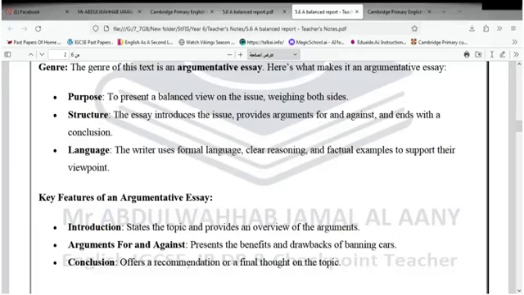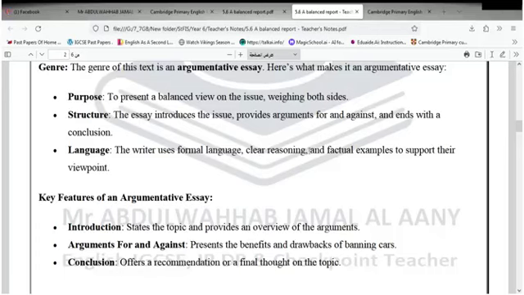While the structure, I have the introduction, which introduces the issue and will provide arguments for and against, and it will end with a conclusion that has suggestions or recommendation. And the language is formal.